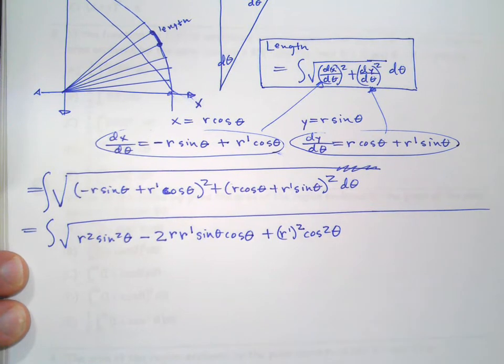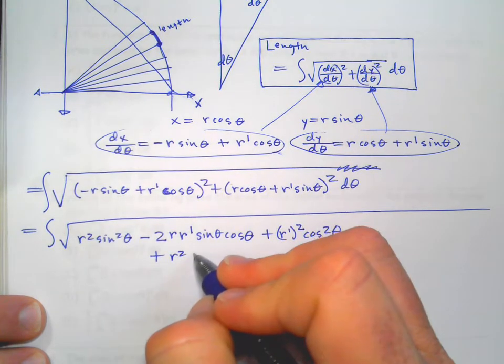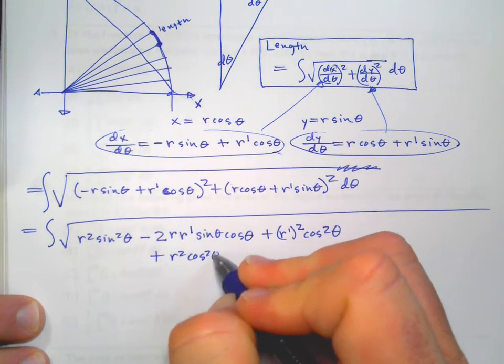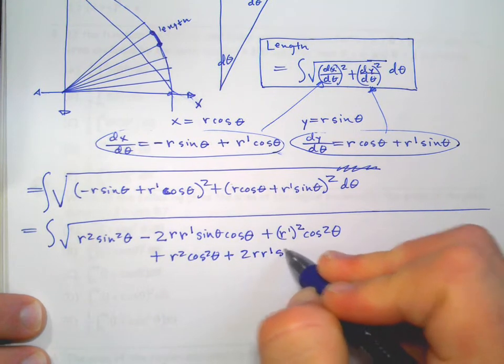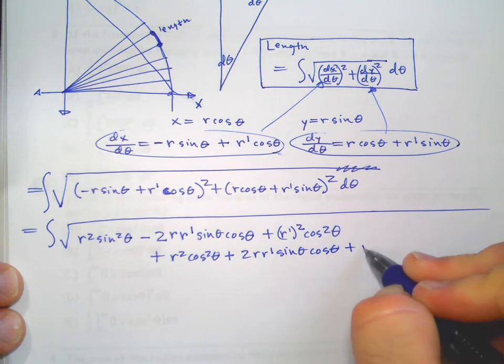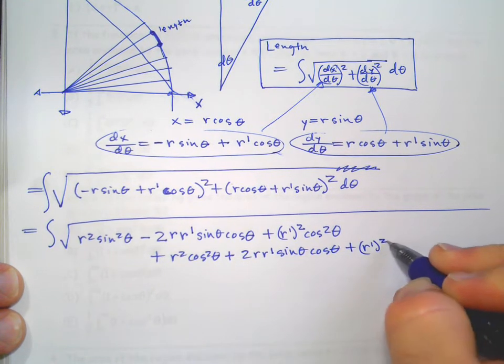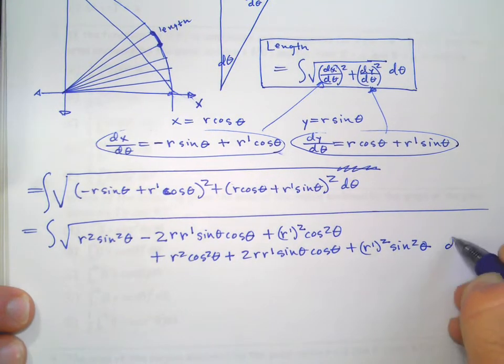That's just for the first one. And then the next one is going to be r squared cosine squared plus 2r r prime sine theta cosine theta plus r prime squared sine squared. And then you have a d theta.